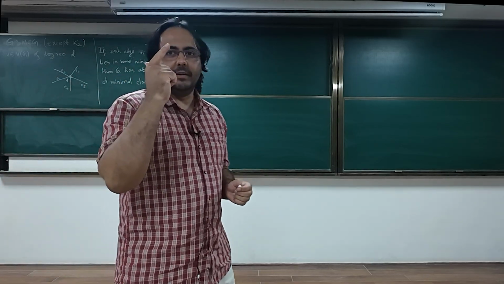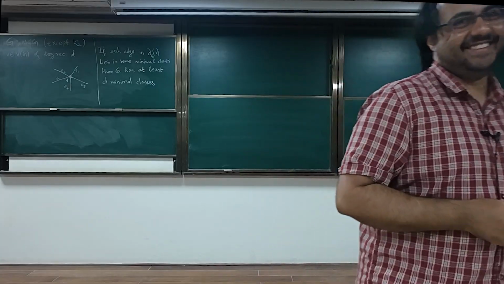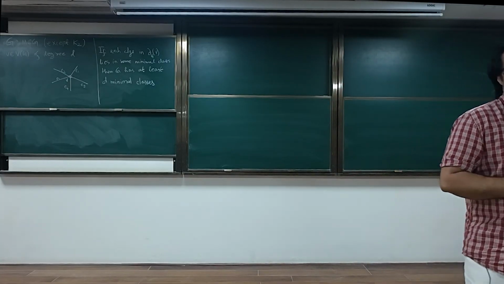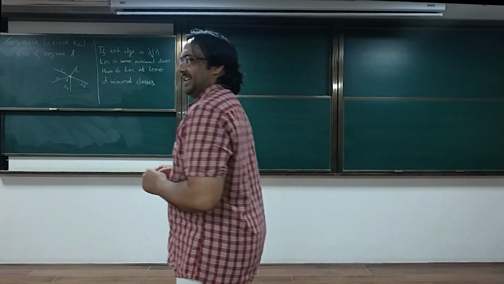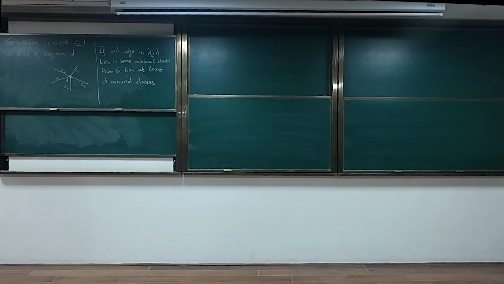Can you still give me 5 minimal classes? You can, right? Is that right? E1 to E4 belong to minimal classes, but E5 doesn't. Then I claim that there are still 5 minimal classes. Think about it. You have to think hard about posets.